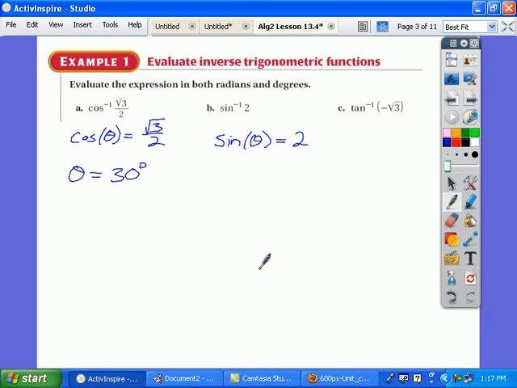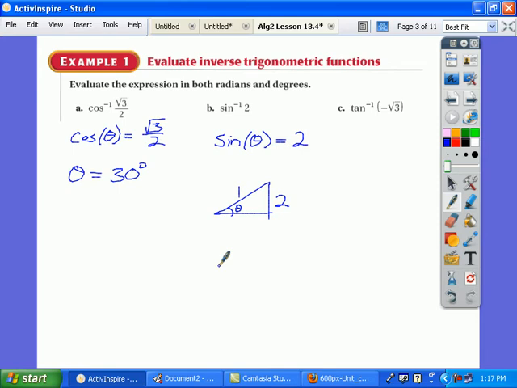Let me try to illustrate this a different way. Let's draw a triangle. Let's call this angle theta. So if this angle is theta, what do I know about this side length and this side length? This is a 2. That's a 1. And that's a problem. Because the hypotenuse always has to be bigger.